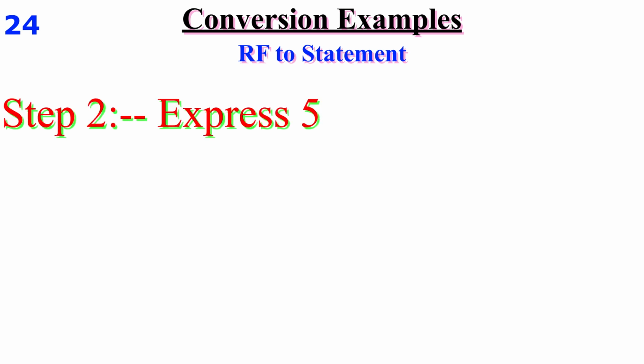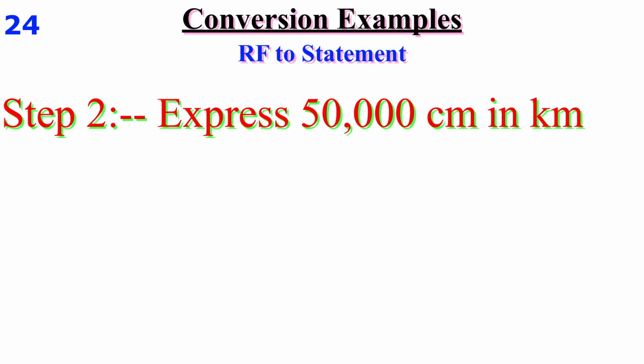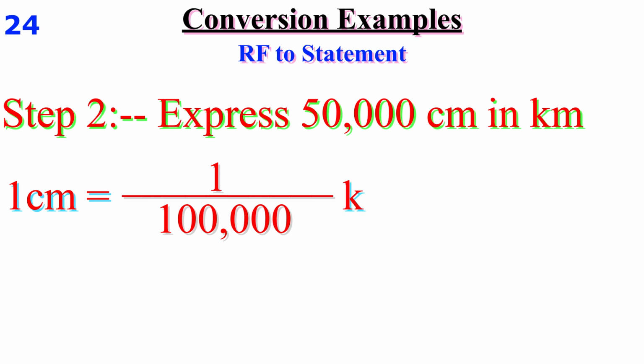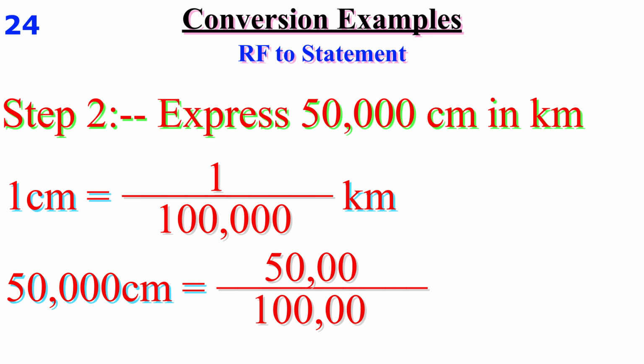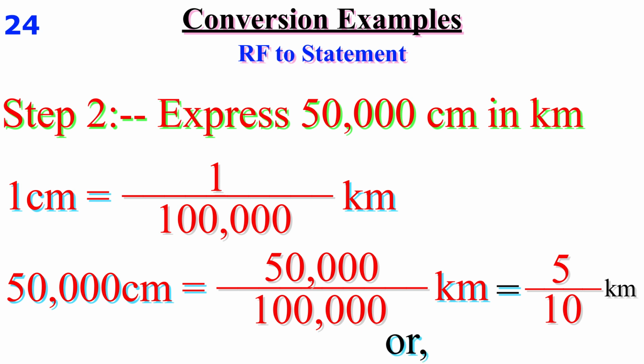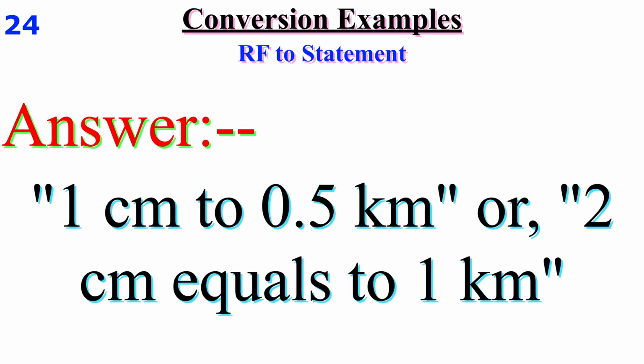Step 2. Express 50,000 cm in km. 1 cm equal to 1 by 100,000 km. 50,000 cm equal to 50,000 by 100,000 km equal to 5 by 10 or 0.5 km. Answer is the scale is 1 cm to 0.5 km or 2 cm to 1 km.